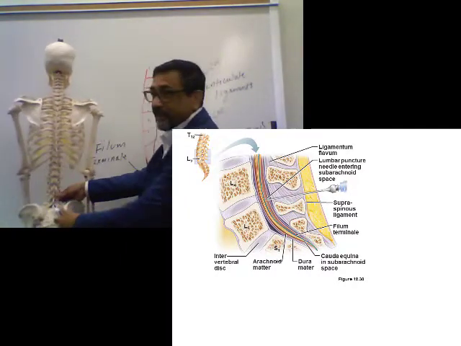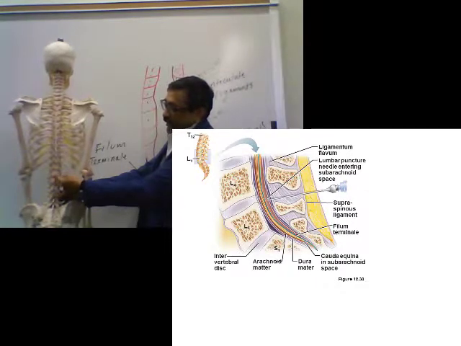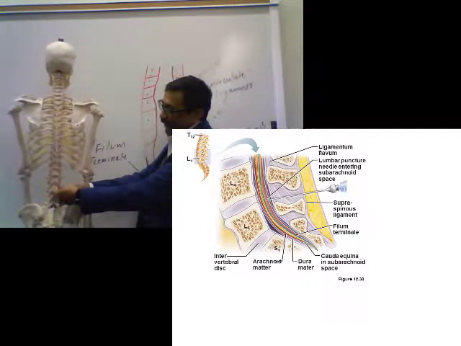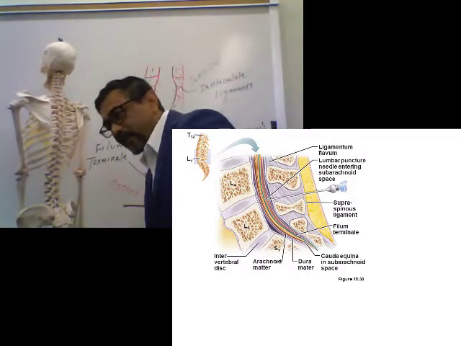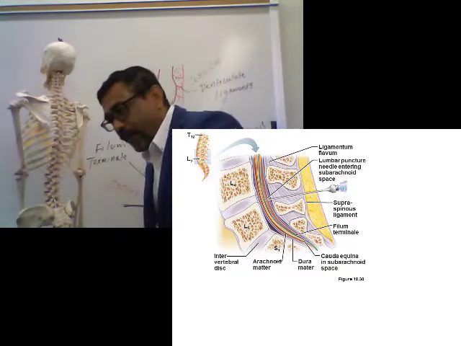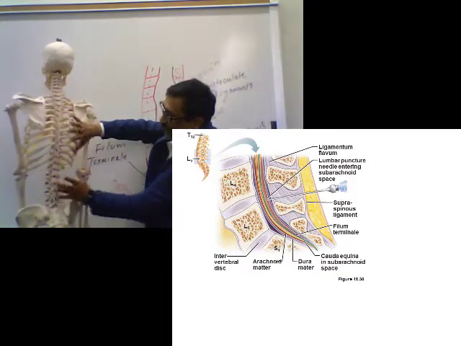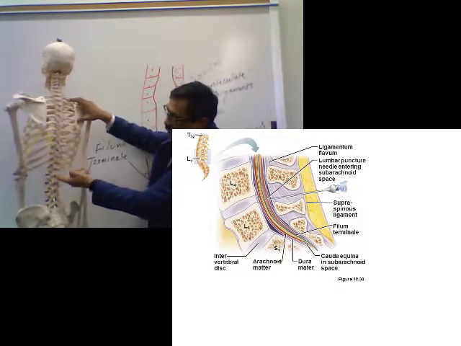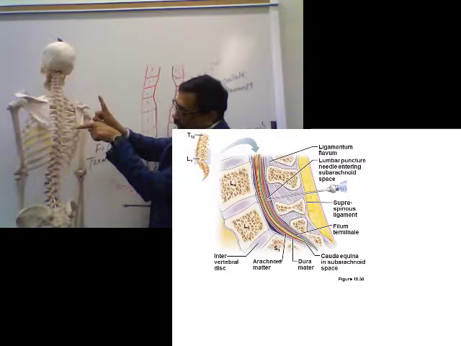So what we do, you see here, we insert the needle through these openings. We ask the patient to lie down sideways and turn the upper part forward like this. When you do that, these openings get bigger, open more.